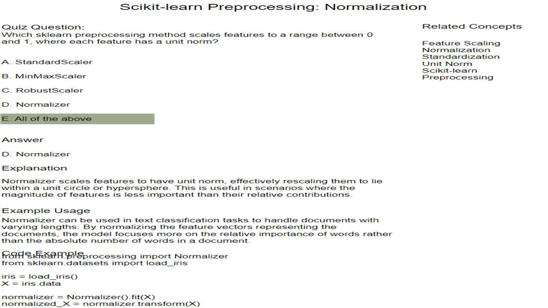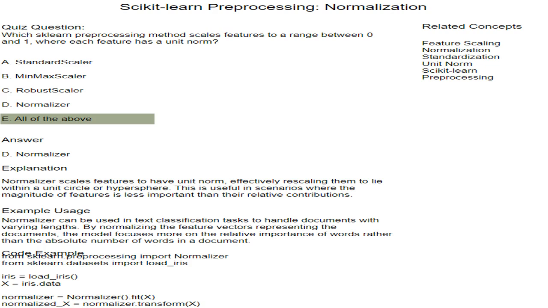False. D, Normalizer. Normalizer scales features to have unit norm, effectively rescaling them to lie within a unit circle or hypersphere. This is useful in scenarios where the magnitude of features is less important than their relative contributions.